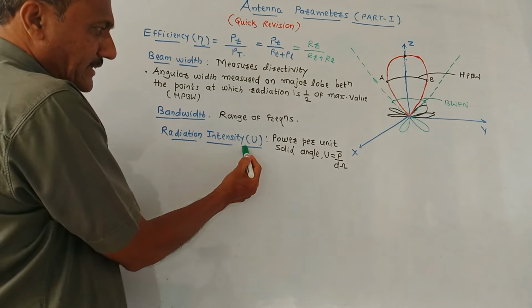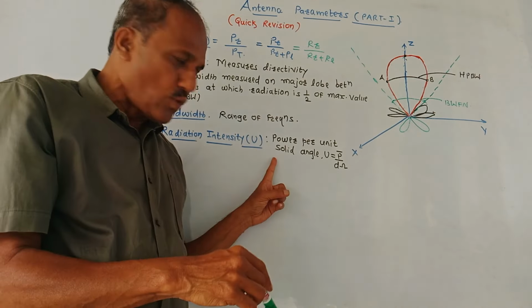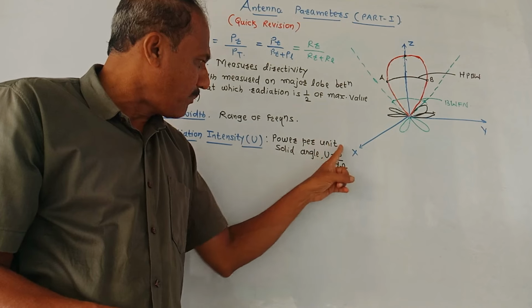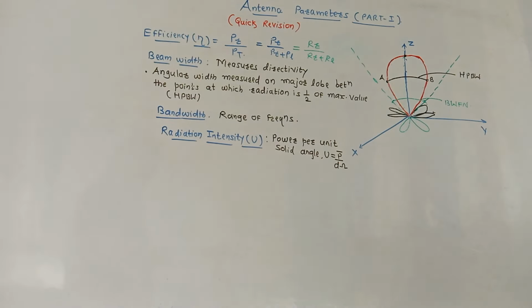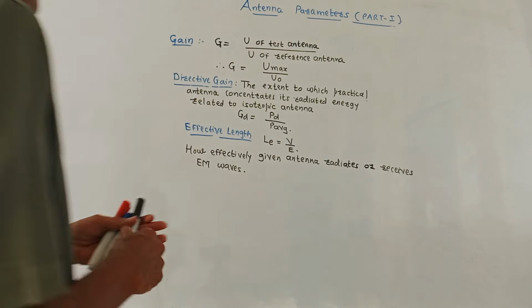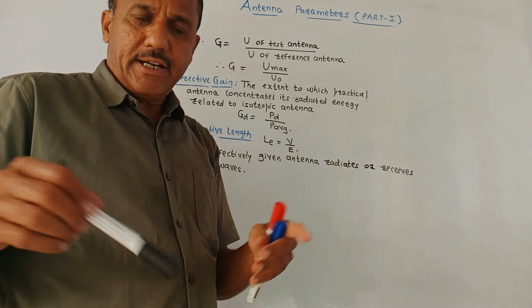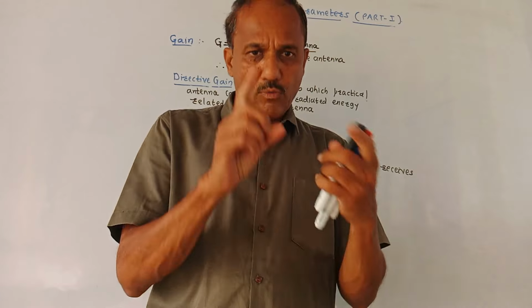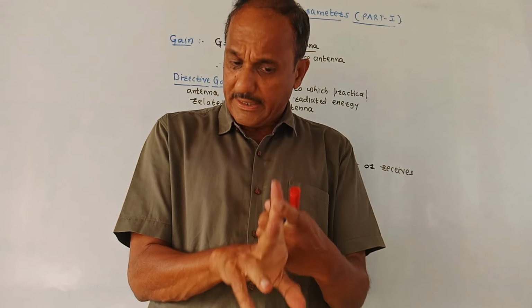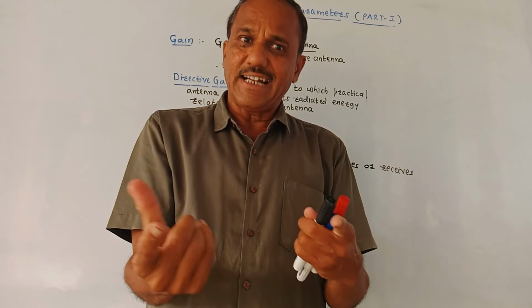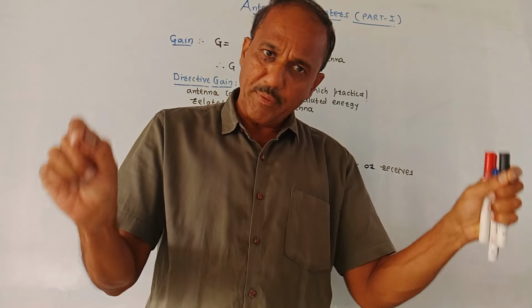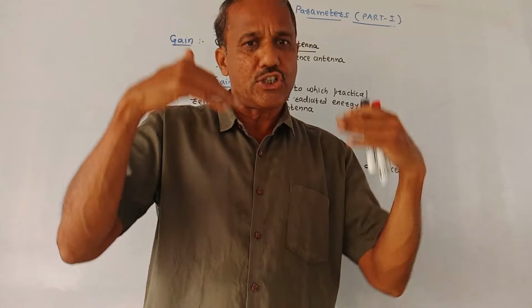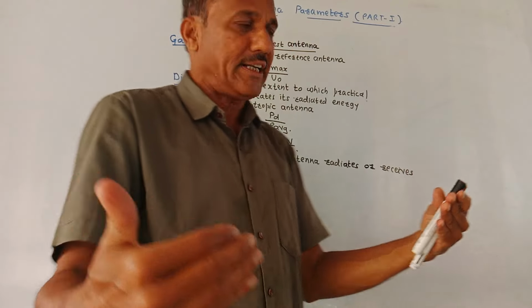Then radiation intensity, it is denoted by U and defined as power per unit solid angle. P is power and omega is solid angle. Next parameter is gain of antenna. It is basically a relative term. We are using two antennas. One is the reference antenna. Reference antenna means isotropic antenna, and an isotropic antenna is an antenna which radiates equally in all possible directions.